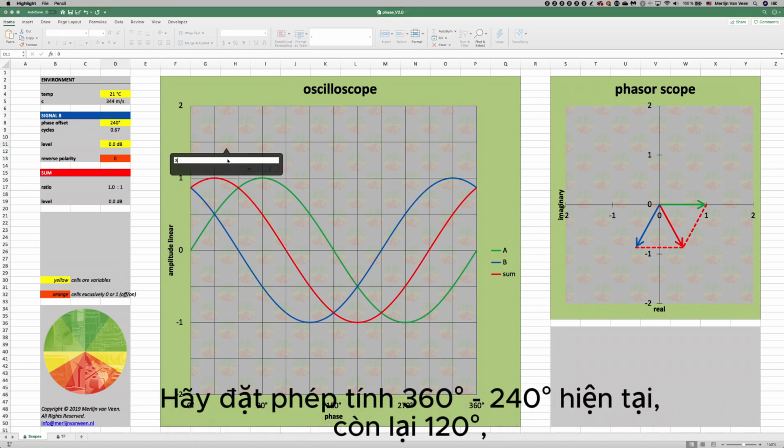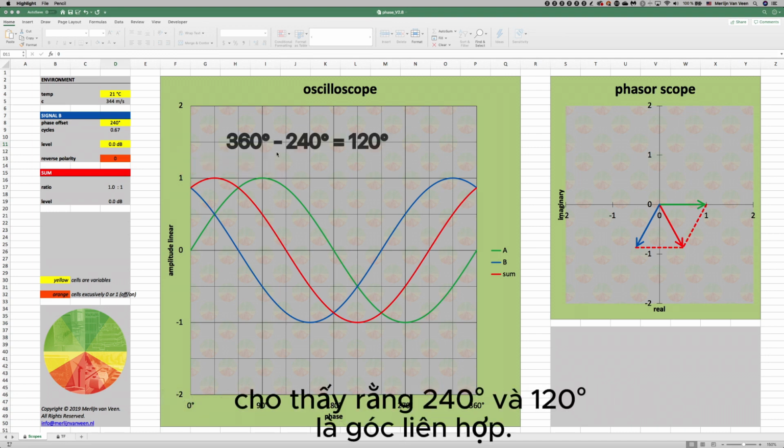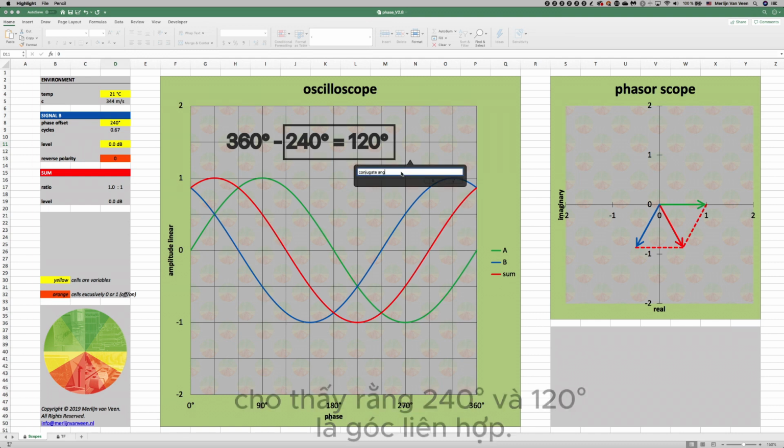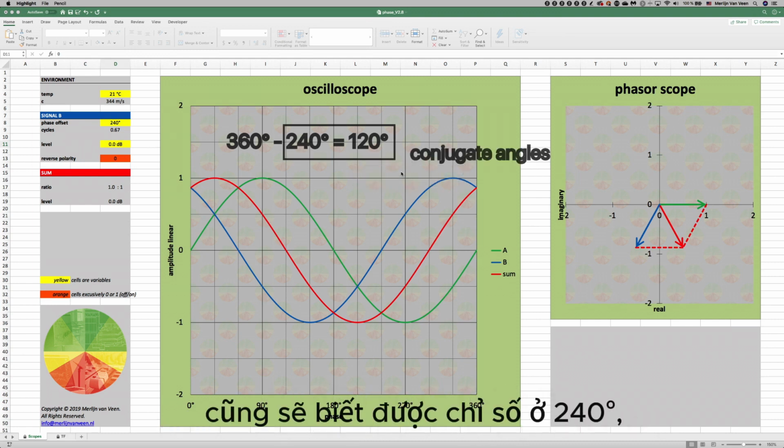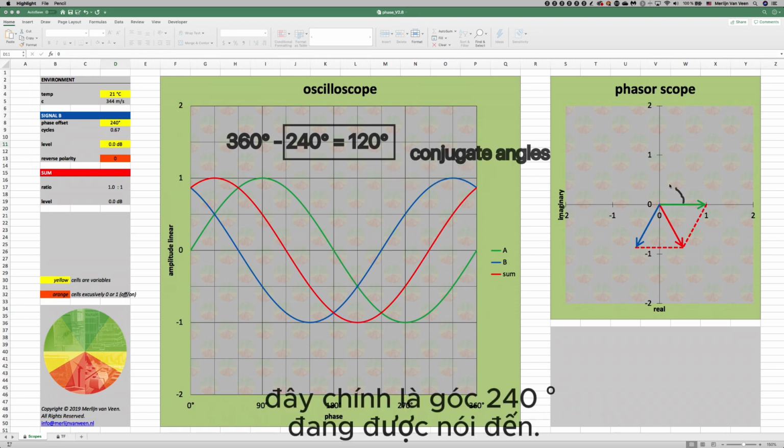So let's figure this out. 360 degrees minus the current 240 degrees leaves me with 120 degrees, informing me that 240 and 120 degrees are again conjugate angles. And that means that if I know what happens at the 120, I can tell you what happens at 240, where this is now the 240 degree angle that I'm talking about.